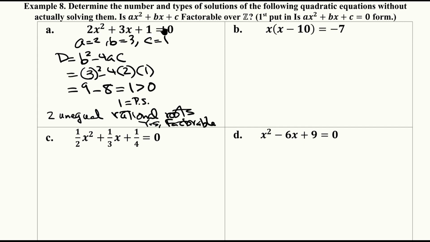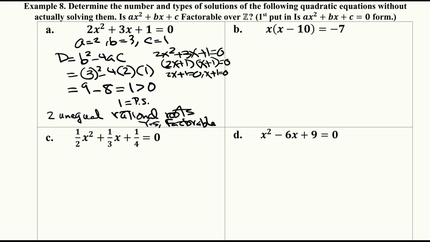Meaning this expression, because that's what they asked. Once you put it in this form, is that part of it factorable? Of course, you can quickly factor that. Look, you have 2x squared plus 3x plus 1 equals 0. So if you just go with 2x plus 1 times x plus 1, that should get you there. Notice first times first is first, last times last is last, and the inner and outer products add up to the middle term. So if you set each one of those equal to 0, notice this is not part of the problem.